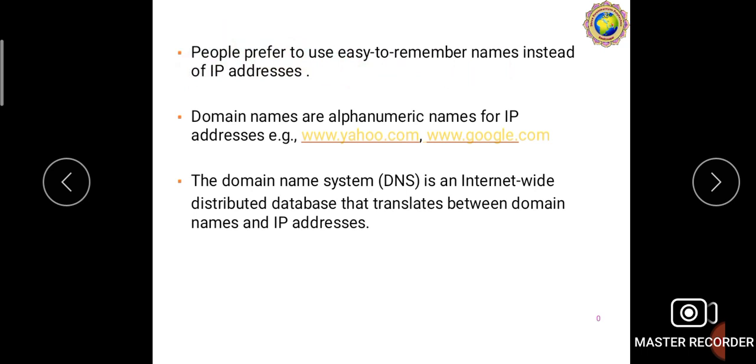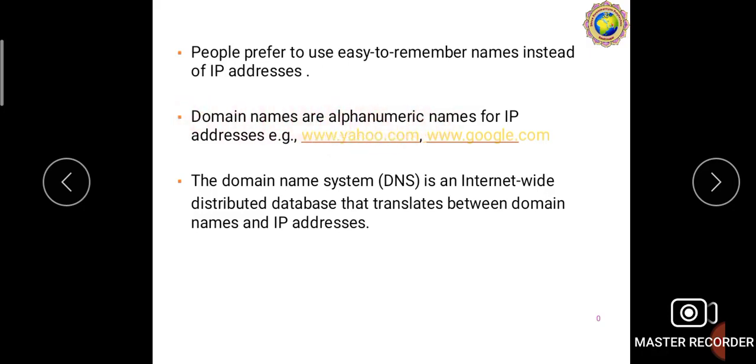Since these IP addresses are hard to remember, we can use DNS, the domain namespace. Domain names are alphanumeric names for IP addresses.